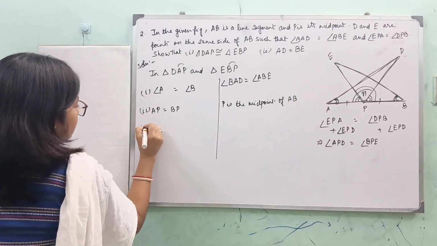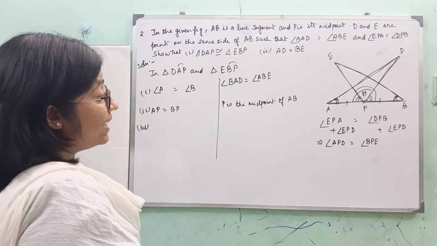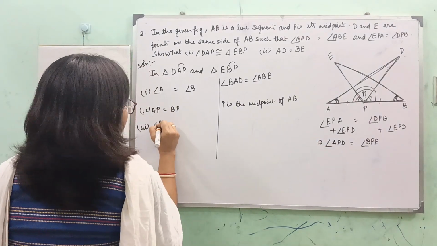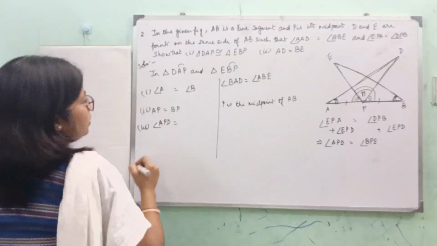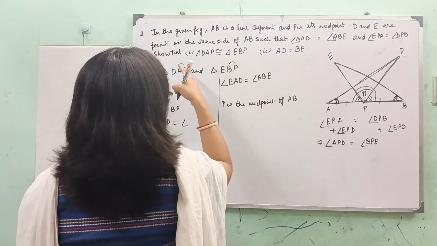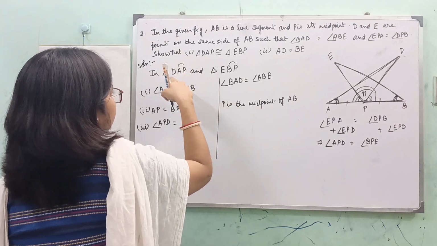Third is, see, two angles and the side in between them. Thus it is the angle side angle rule which we are going to follow over here. Angle APD is equal to BPE. APD means second, third, first vertex.